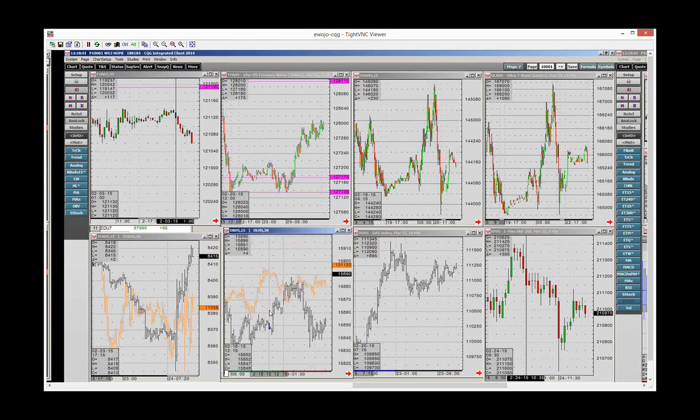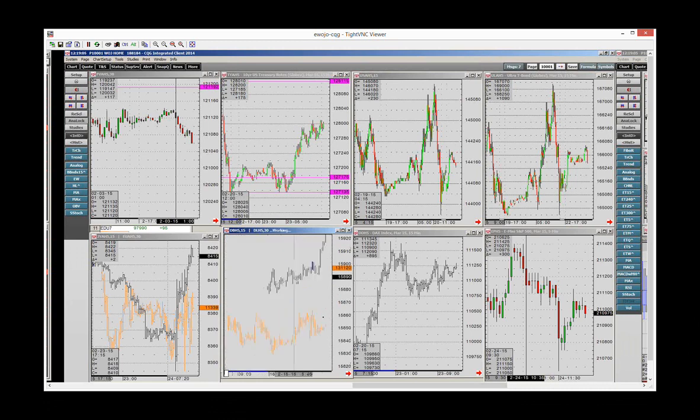The stocks opened up, or the DAX opened up, and the stocks opened up stronger. The Bund and the Bobl opened up lower than where the U.S. Treasury market was trading at.